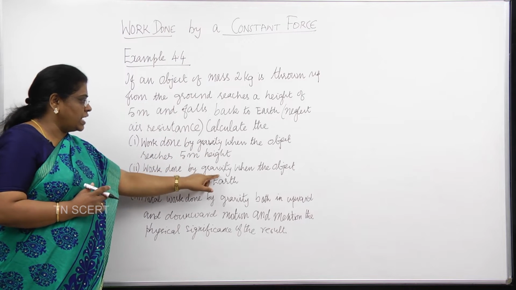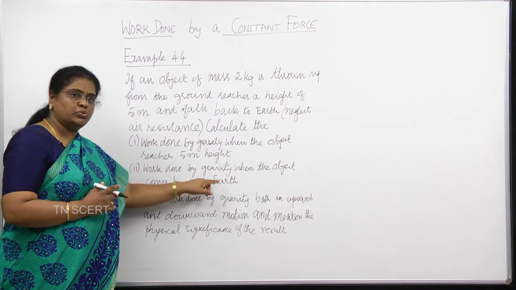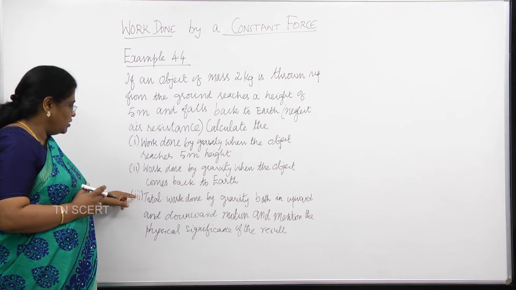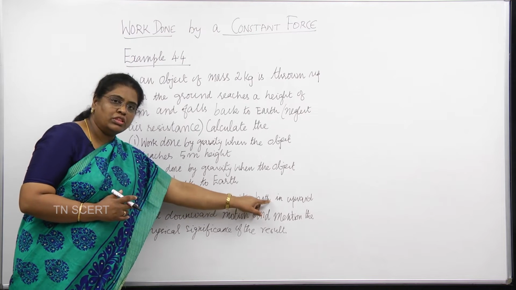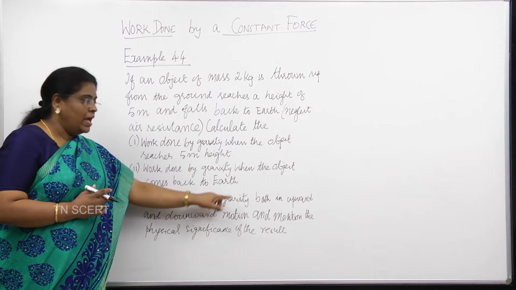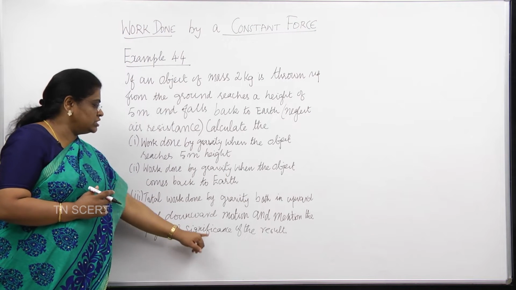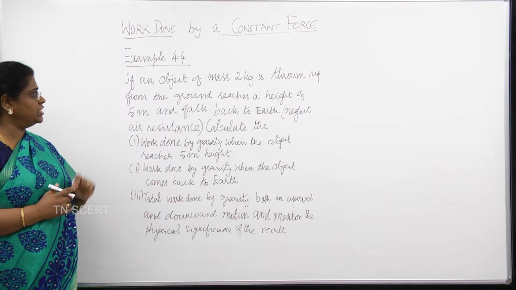Second, work done by gravity when the object comes back to earth. Third, the total work done by gravity both in upward and downward motion, and mention the physical significance of the result.